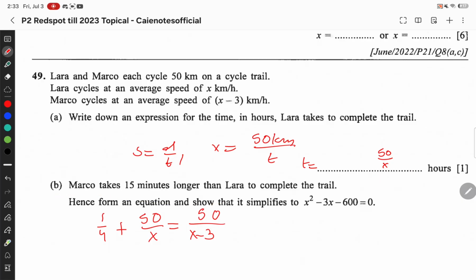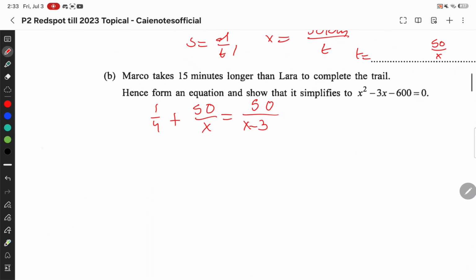Marco takes 15 minutes longer, meaning we add 15 minutes to Lara's time to get Marco's time. We also knew Marco's time can be independently solved for the given data in this section. So we get this, and with this information we get this thing. That's how we formulate this equation.